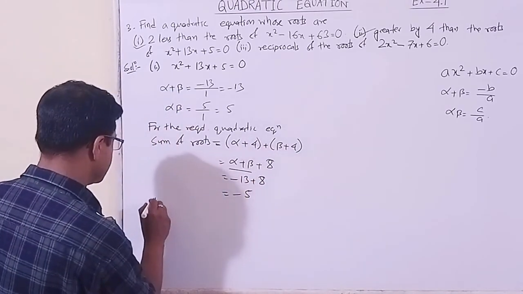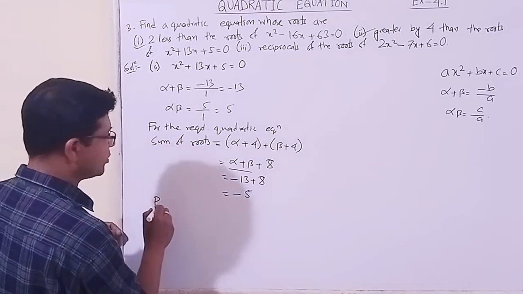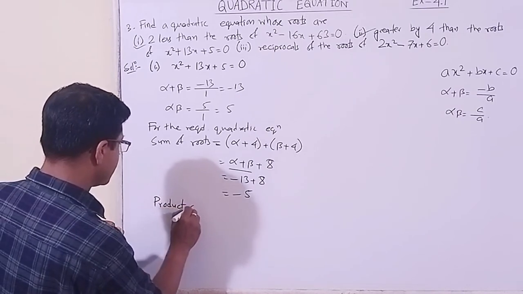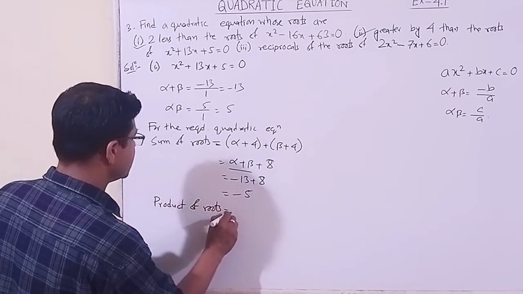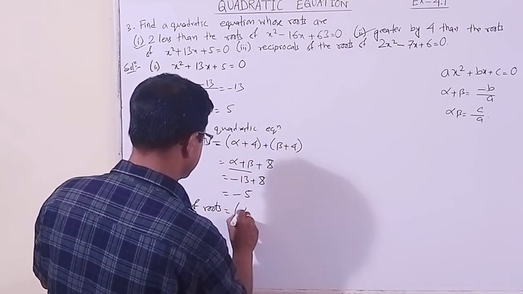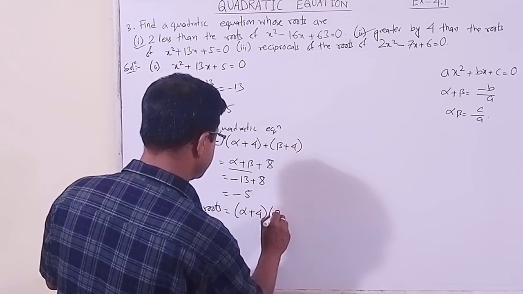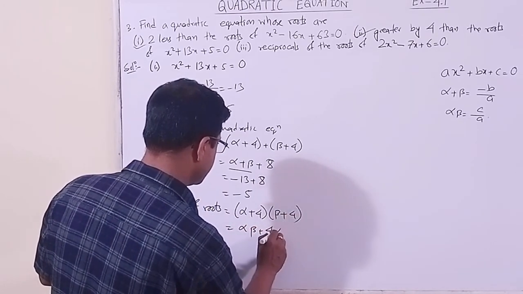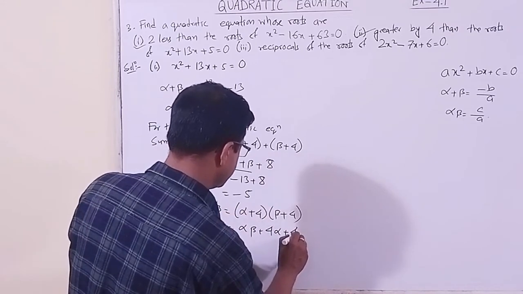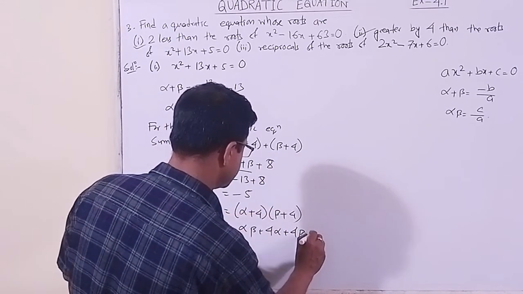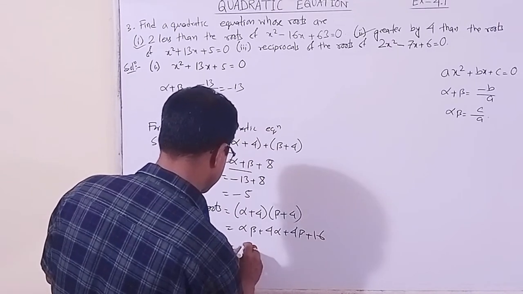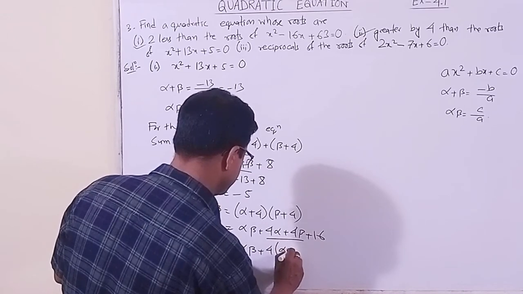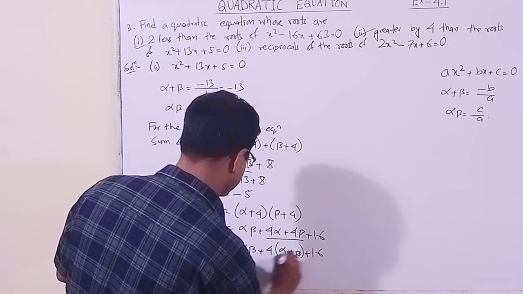Then product of roots, we are finding for the required quadratic equation. These are the two roots now, alpha plus 4, beta plus 4. Let us multiply. Alpha beta plus 4 alpha plus 4 beta plus 4 into 4, 16. Now let us write one more step. Let us take 4 common. Alpha plus beta plus 16. What will be left?